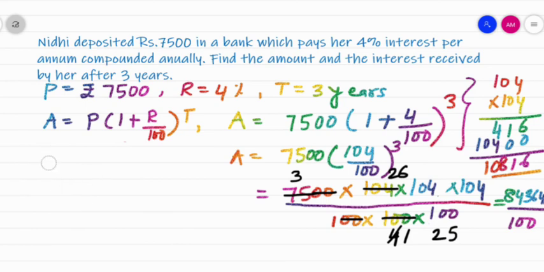So your amount is equal to 8436.48, isn't it? Divided by 100, it becomes 8436.48.